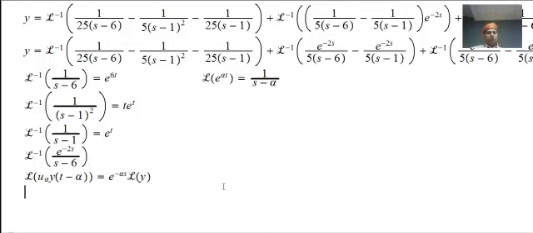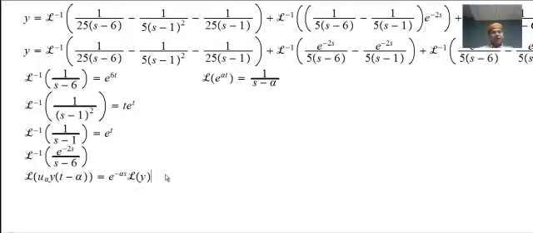Okay. So this is what helped me identify this, and 1 over s minus 6, we are treating that as a known result now. Oh, that's e to the 6t. What is there to ask, right? Okay.